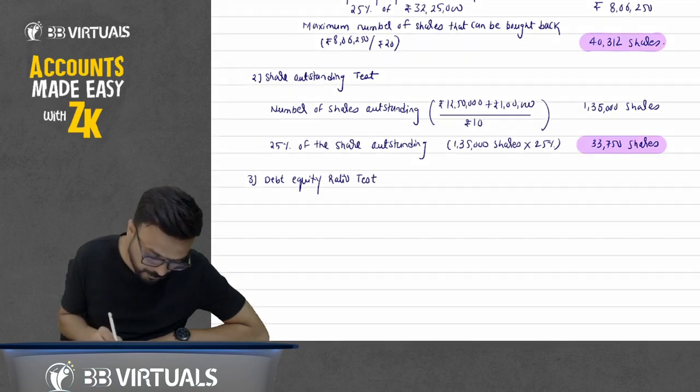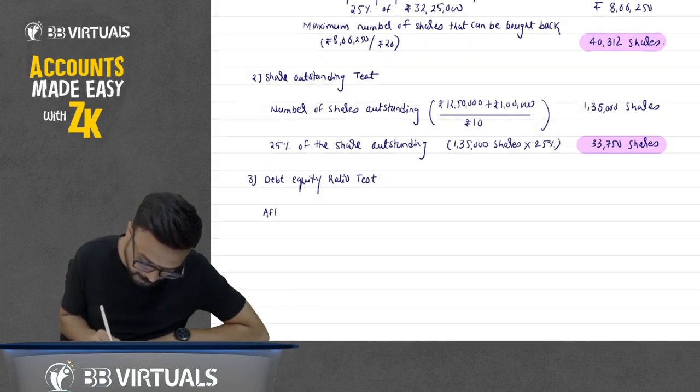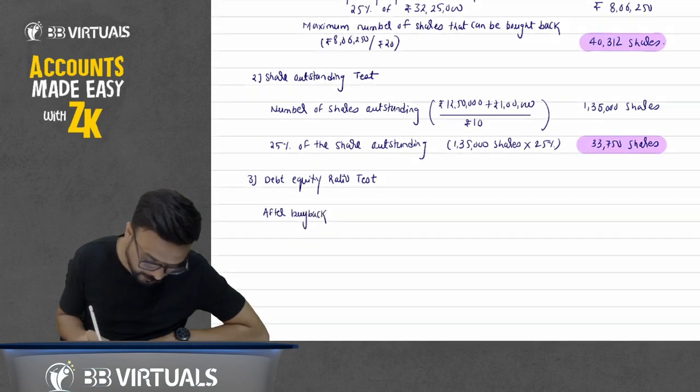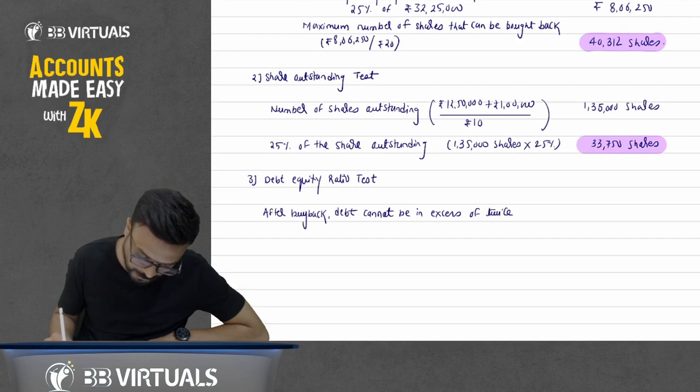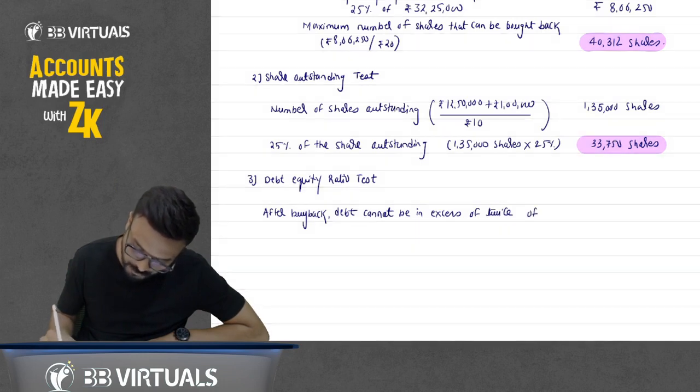Okay. Debt equity ratio test. After buyback, debt cannot be in excess of twice of paid up capital and free reserves.